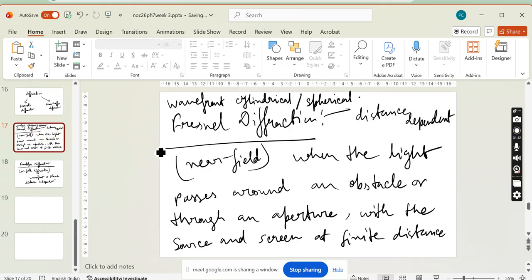So what does it mean that it is distance dependent? That simply means that in Fresnel's diffraction, if you change the distance between the aperture and the screen, the pattern changes drastically. But Fraunhofer diffraction doesn't change like that. You do not get a fixed pattern for Fresnel diffraction, but you can get a simple slit-like pattern for Fraunhofer diffraction.